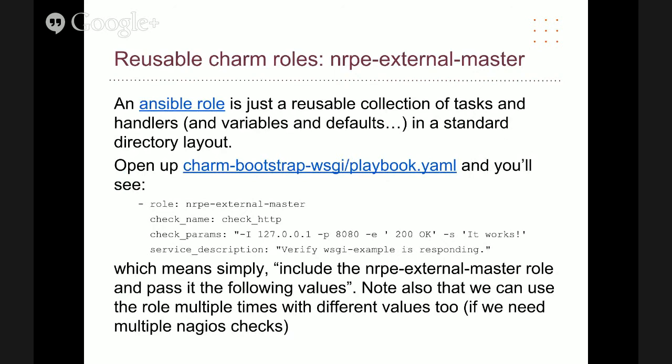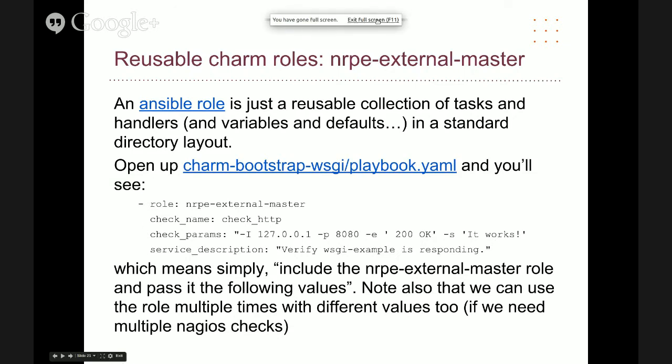An Ansible role is a reusable collection of tasks and handlers, as well as some other things if you want them, like variables and defaults, and a standard directory layout. If you open up the playbook for that example charm that you've hopefully got locally from the start, you'll see this role defined at the top for NRPE external master. Or you can just click on that link, and you'll see the same thing.